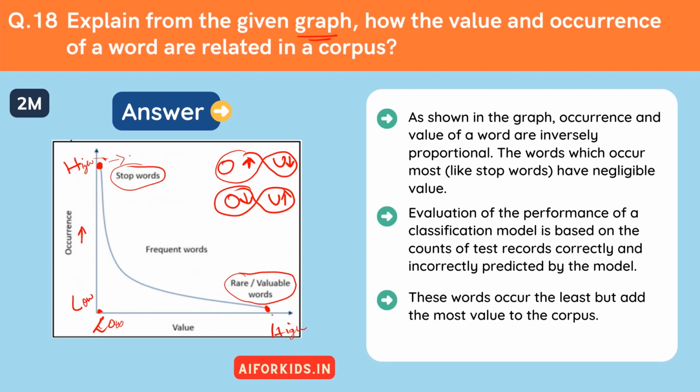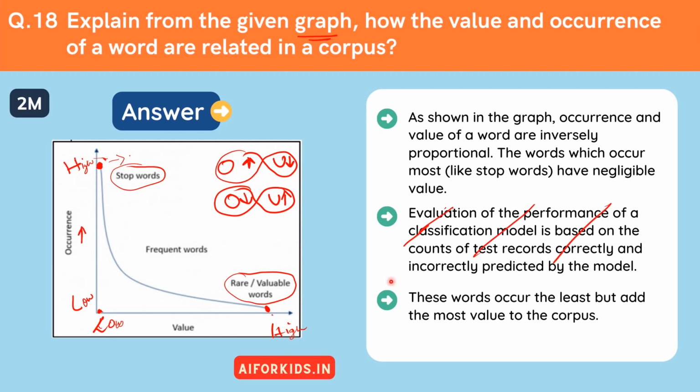So let's see the answer. As shown in the graph, occurrence and value of the word are inversely proportional. The words which occur most, like the stop words, have negligible value. Negligible means almost zero. This paragraph I think was mistakenly taken from the previous one, so let's eliminate this.